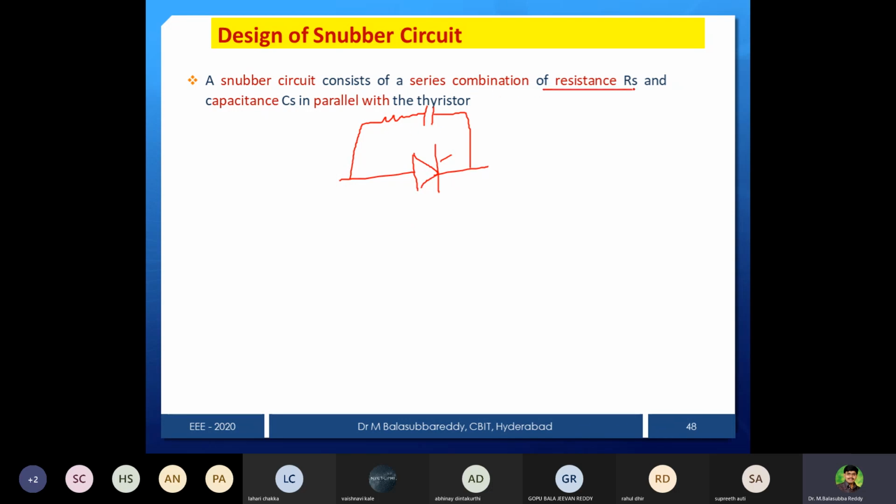This one is Rs and this is Cs. This series combination portion I call a snubber circuit. Why we are using a snubber circuit is to limit dV by dt triggering. So that is our purpose.